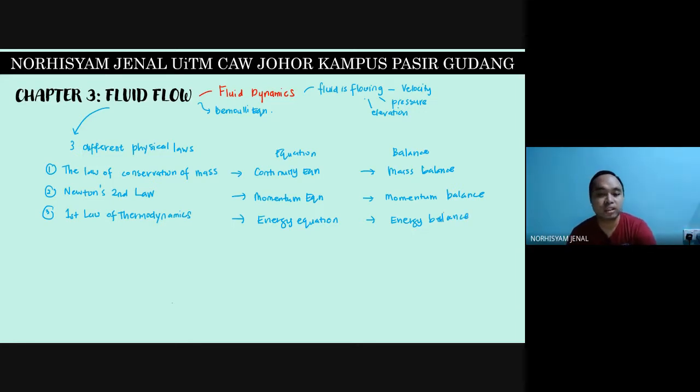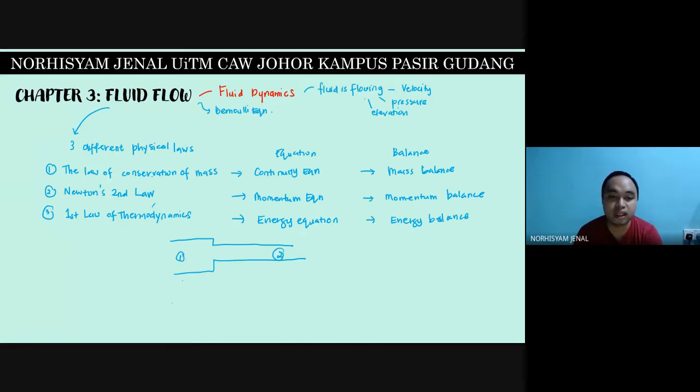So what does balance mean over here? Mass balance, momentum balance, or energy balance? It means that if you have 2 points in a system, for example point 1 and point 2, and piping is moving from one point to the other, the 3 balances will be covered by these points.